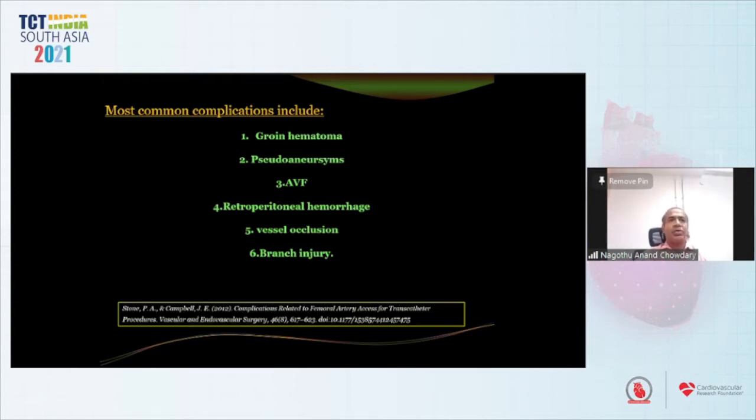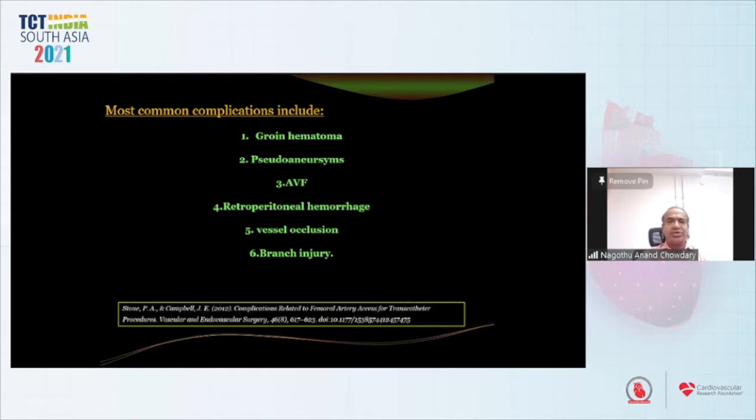When there is a counter-puncture of the artery and the vein, that can lead to AV fistulas. When unnoticed, the bleed can extend retrograde, retroperitoneally, all the way up to the abdomen, pelvis, and also the thorax. So you should be very careful in preventing these retroperitoneal hemorrhages.